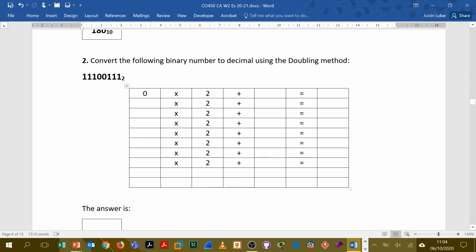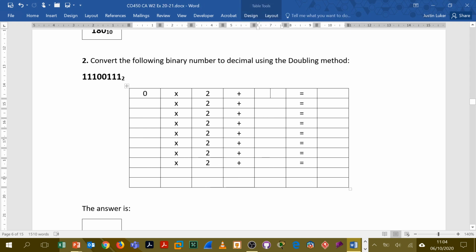So the most significant bit here is 1, of course, so start with that. That's going to give us 1. So bring that down. So 1 times 2 is 2, plus the next bit is going to be a 1. In fact, sometimes it's easier to write those out first so that we know what we're going to add in each time.